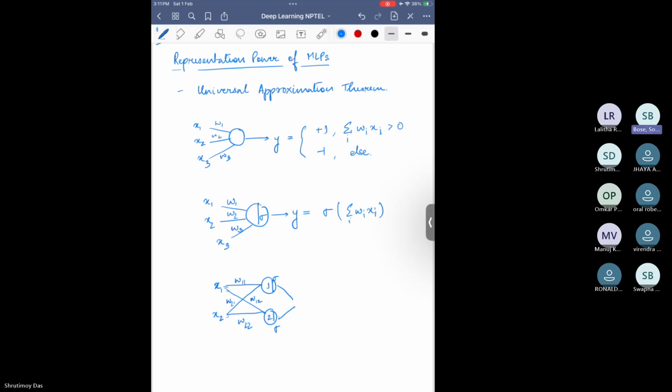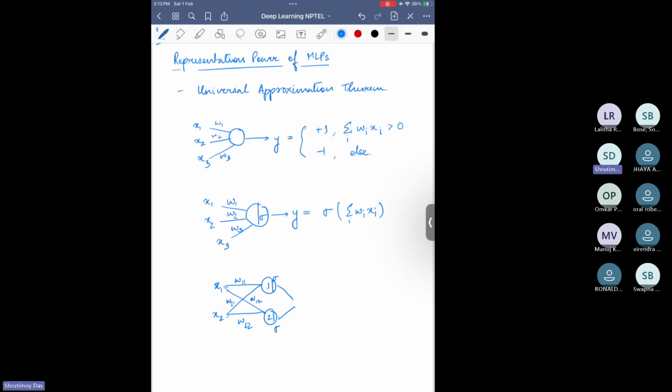Sir, I have a question. If there are n neurons in the hidden layer, then there are going to be 2 to the power n weights. Why 2 to the power n? If there are n neurons in your hidden layer, not necessarily.